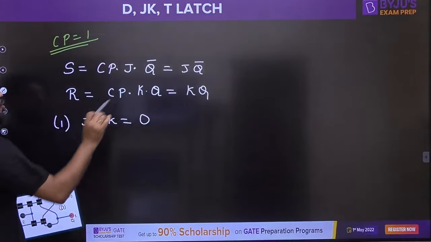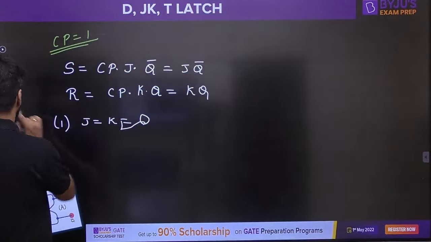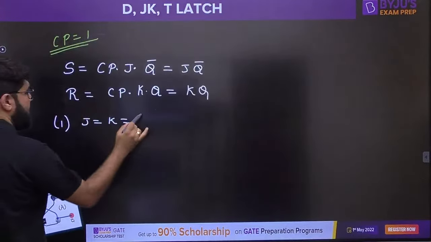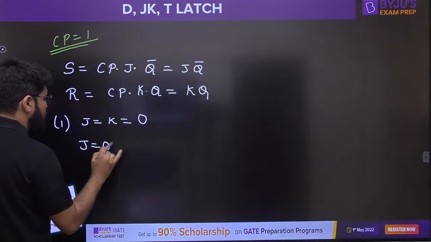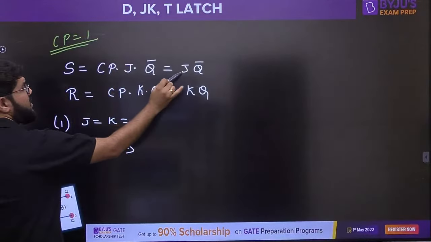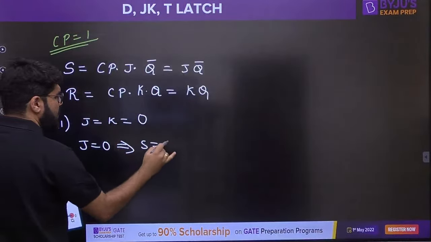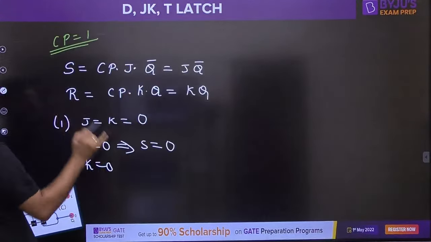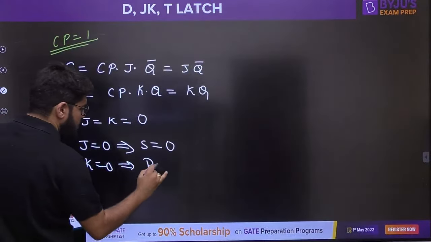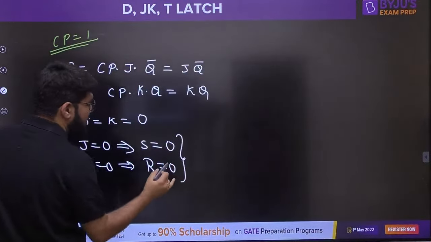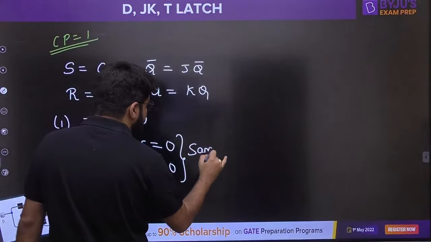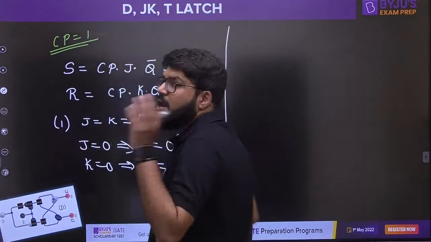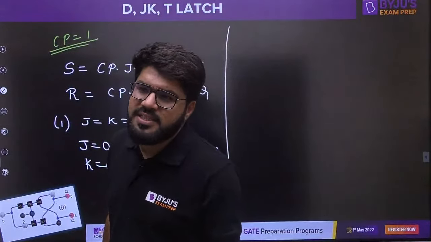So J equal to 0 corresponds to S equal to 0, and if you take K equal to 0, the R will be 0, right? And if S and R are both 0, the device will remain in the same state. So this is just like the SR latch. When both the inputs are 0, the device will not change the state.